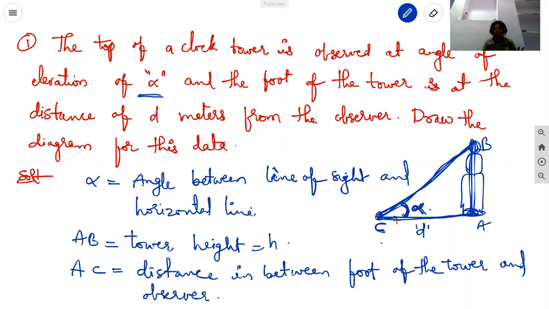Angle of elevation means we observe from the foot of the tower. The distance from the foot of the tower to the observer is small d meters. The angle is alpha.